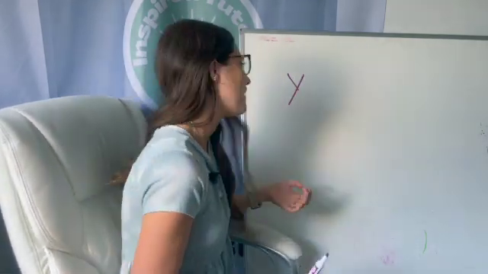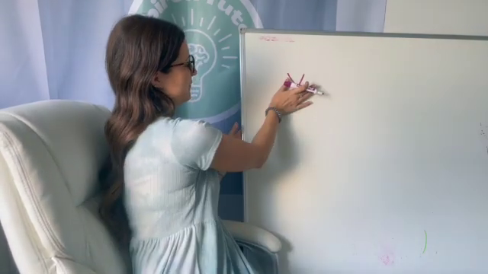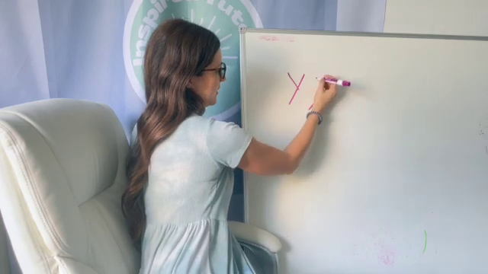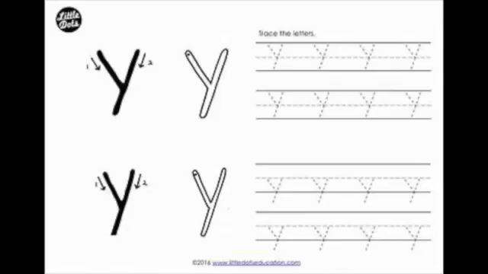Good job. All right, so with this one, it's kind of like a V, but then we have a longer line. So we're gonna do the longer line, the longer slant, and then we're gonna meet it like this. All right? You try. Awesome.